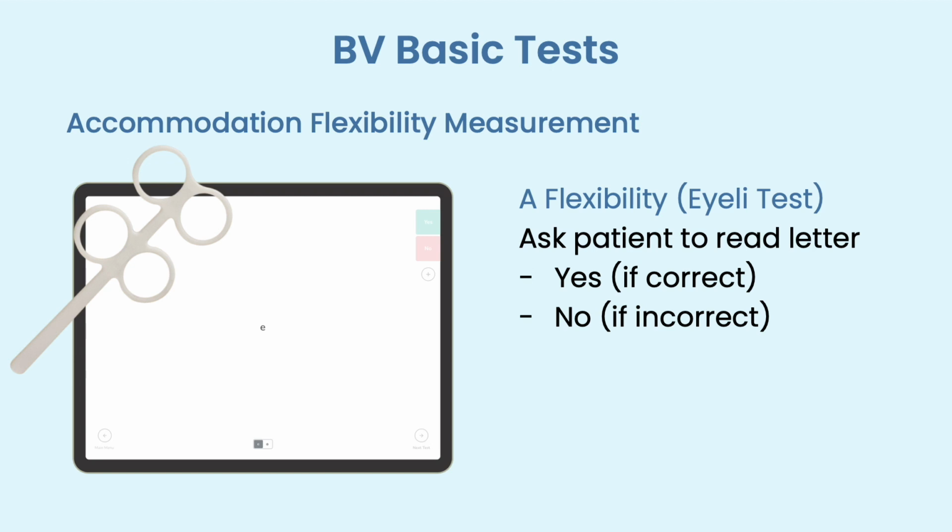If they are correct, we select yes, and if they are incorrect, we select no. This test will automatically show a new character each time you press yes or no, and run for 1 minute to measure the total amount of cycles per minute.